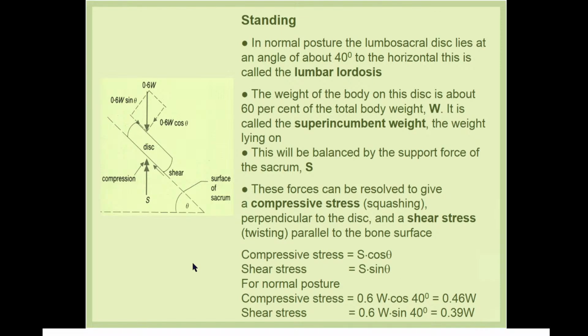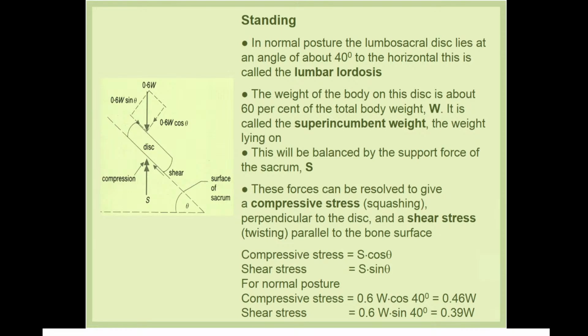What should be said? Long-time compression leads to tiredness of the material. This is no exception for the tissue of the disc.